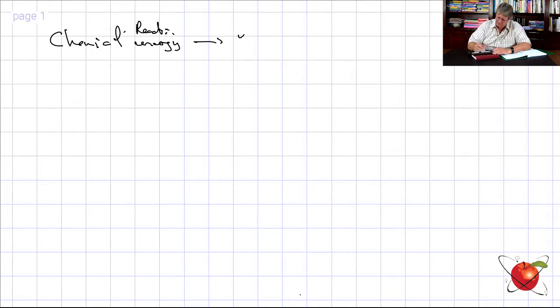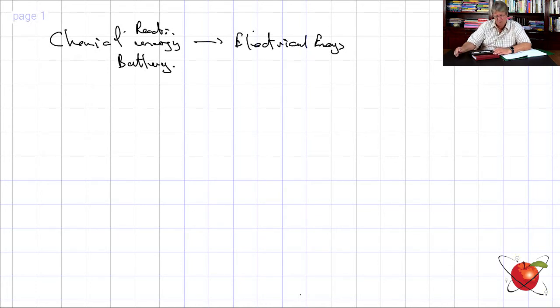Chemical energy has given us electrical energy. Essentially, we've been looking at a battery, haven't we? That's what we've been doing.